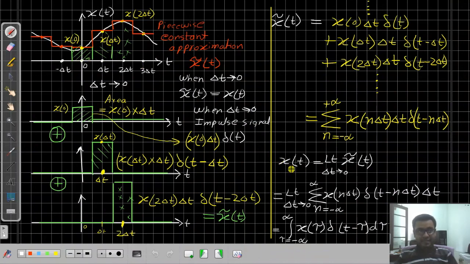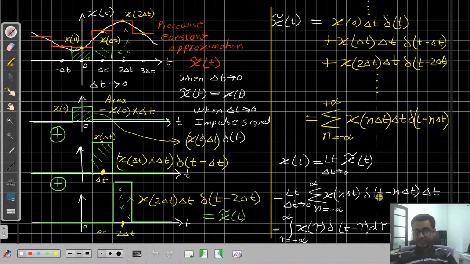So any signal x can be written as the sum of these chops, these slices, when the delta t, the width of the slices, tends to 0.